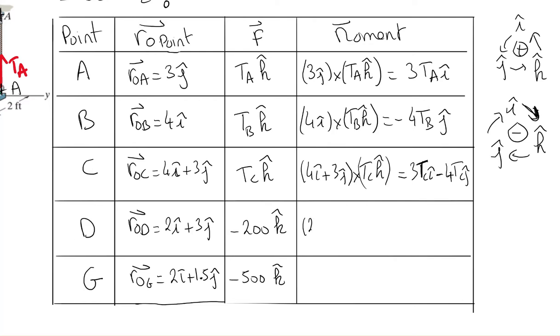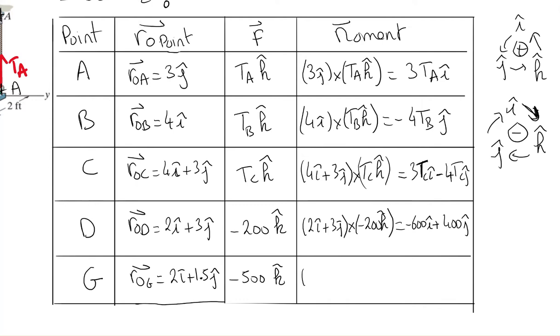D, so it's 2 I hat plus 3 J hat cross minus 200 K hat. So I cross K minus J, so it's equal to 400 on J hat, and J cross K, so minus 600 on I hat.